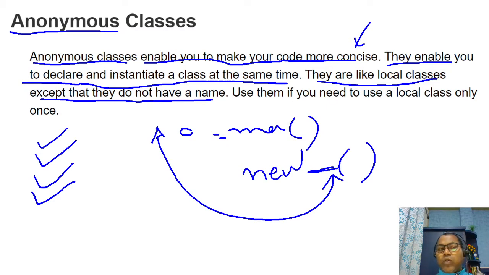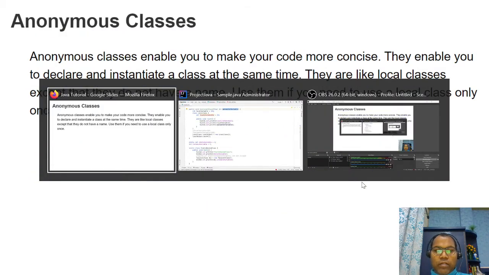So in an anonymous class you are creating a class, declaring it, and at the same time creating an object of that class, and that class does not contain any name. So how does it look, how is it feasible? Let us look at an example.